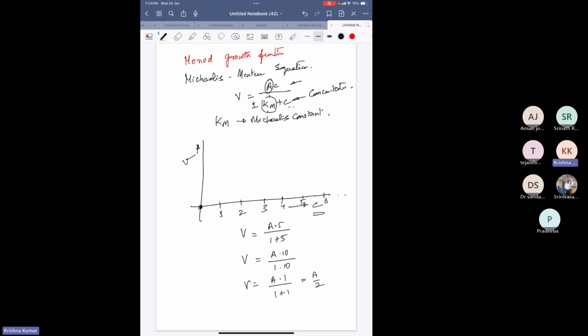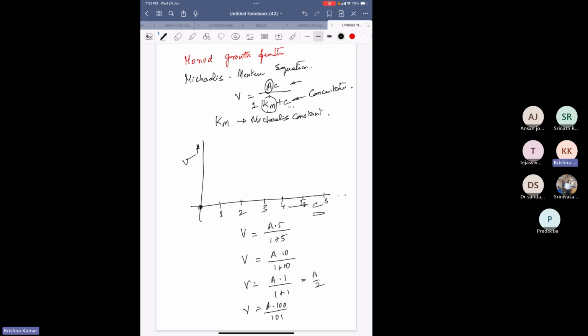Then I keep on increasing the C concentration. Suppose C is 100. V is equal to A into 100 divided by 101.